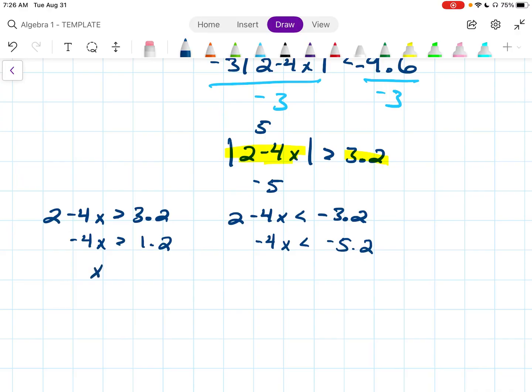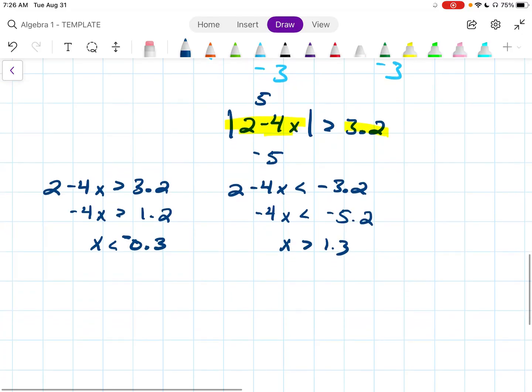I'm going to have x is less than negative 0.3, and on the right side, 5.2 divided by 4 is 1.3, so x is going to be greater than 1.3. I swapped the sign of my inequality because I divided by a negative. And this is an or.